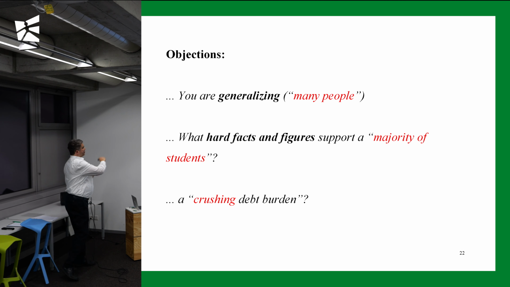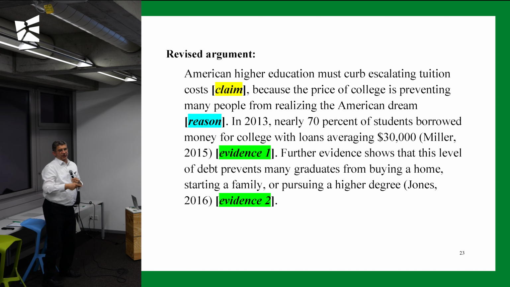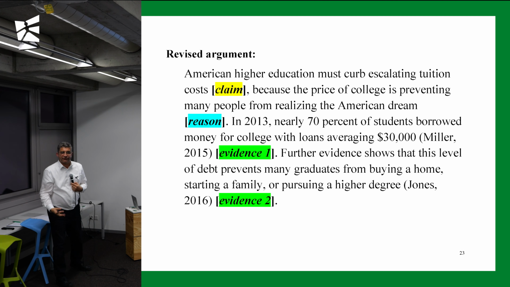So the revised argument, again the same claim, with the same reason, but now two pieces of evidence. In 2013, nearly 70% of students borrowed money for college with loans averaging $30,000. Miller 2015, that's my first piece of evidence.